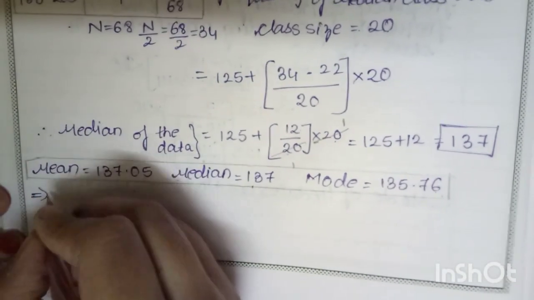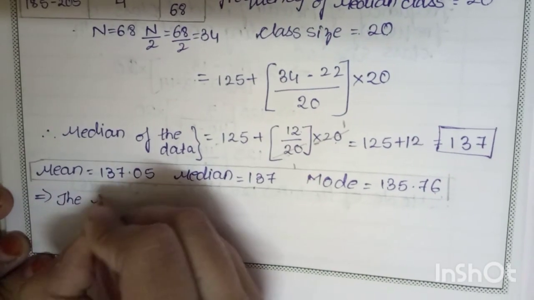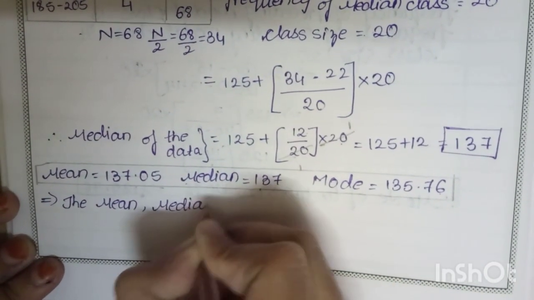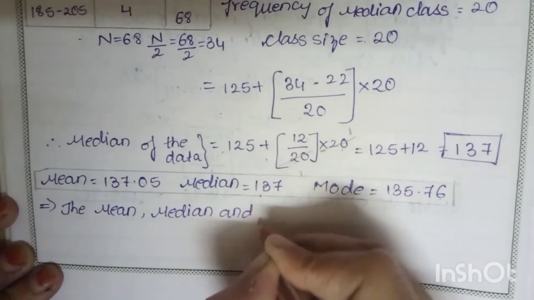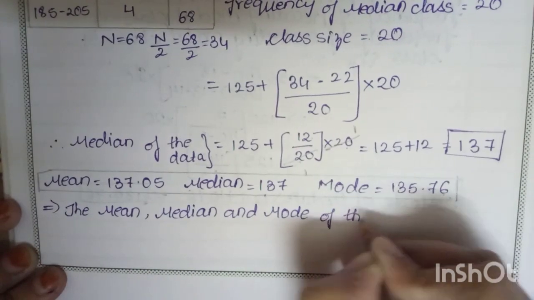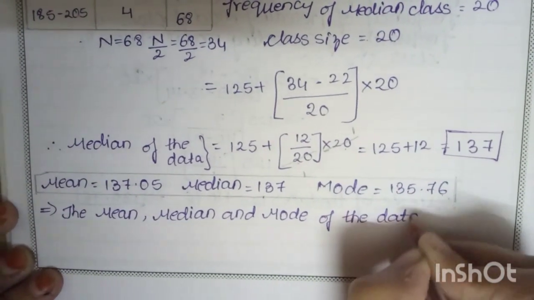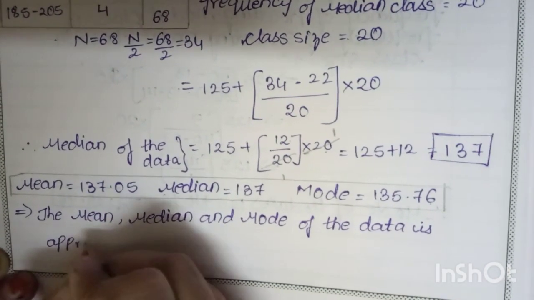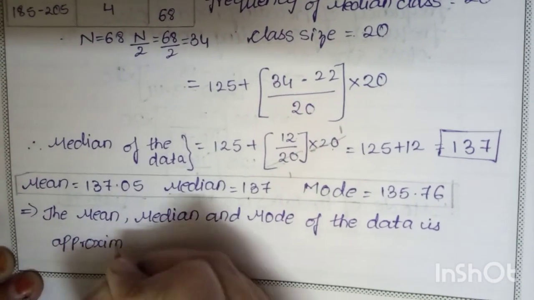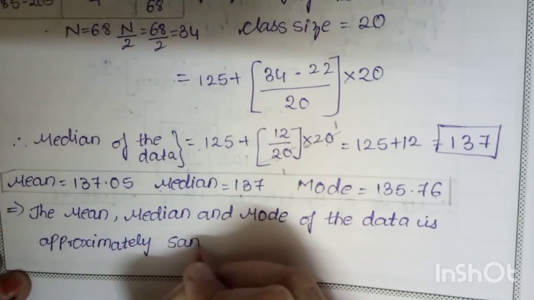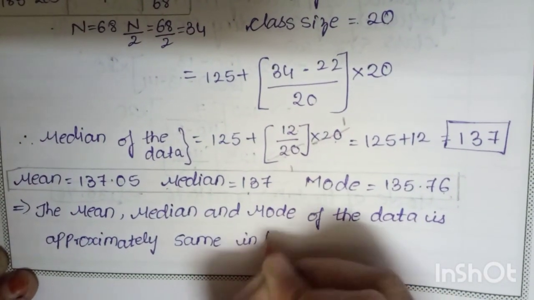The mean, median and mode of the data is approximately same in this case.